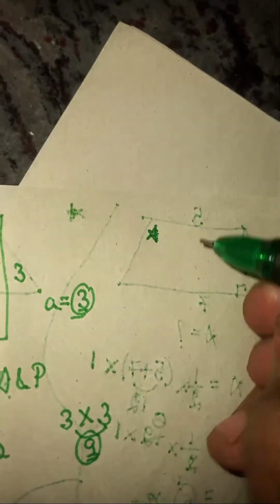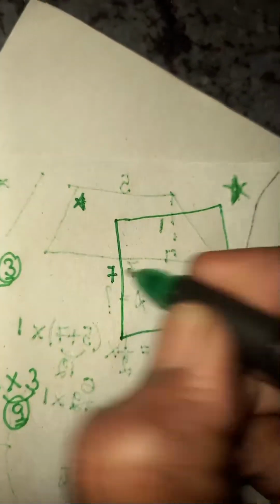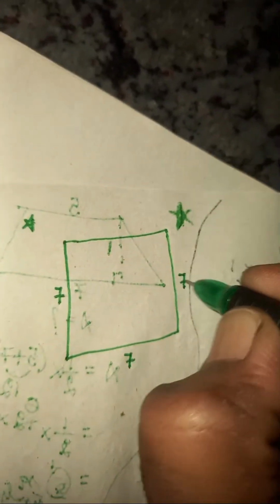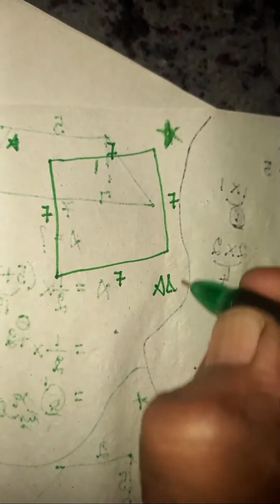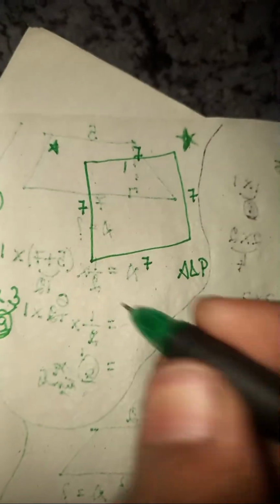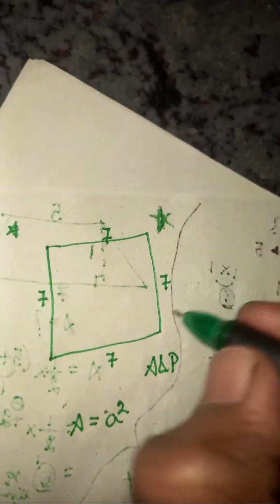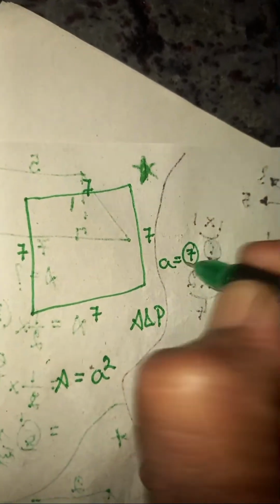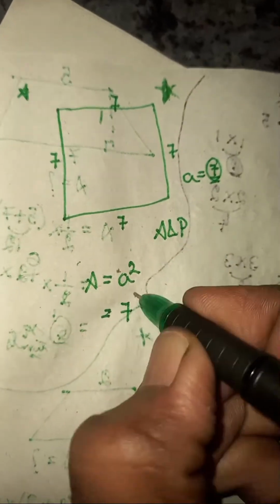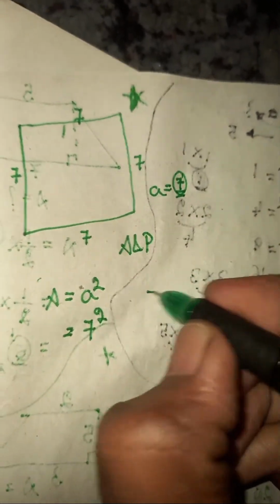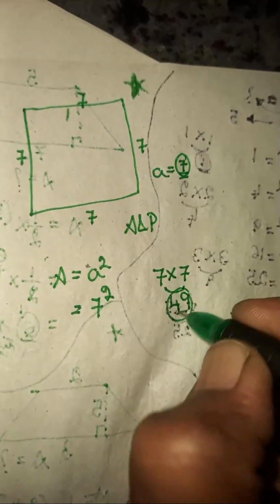Let's take one more square. Here in this square they have given that all sides equal to 7 units. When all sides are 7 units, here also you must find out area and perimeter. Here also area equal to a squared. Here a equal to 7 units, that is the side length. Here a squared, 7 units means 7 squared. 7 squared is 7 times 7, which is 49.